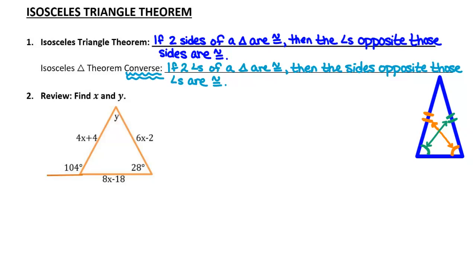Do we have a rule about what the sides in a triangle have to add up to? No. What has to add up to 180 in a triangle? What has to add up to 180? All of the angles in the triangle. So all of the corners, all of the degrees has to add up to 180.